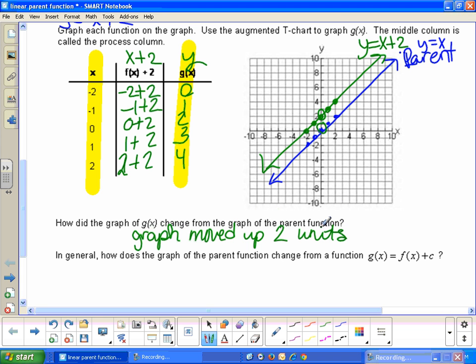So in general, how does the graph of a parent function change when we add c, which is just some number? So if we add c to it, we want to use the correct vocabulary and say that it shifts, say vertically, or we could just say it shifts up.